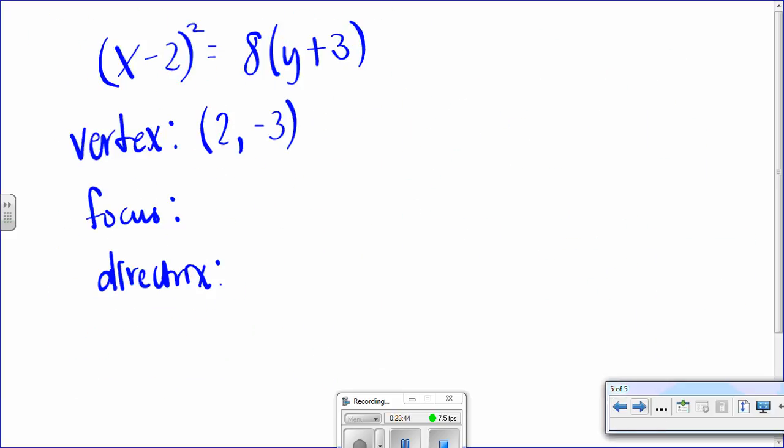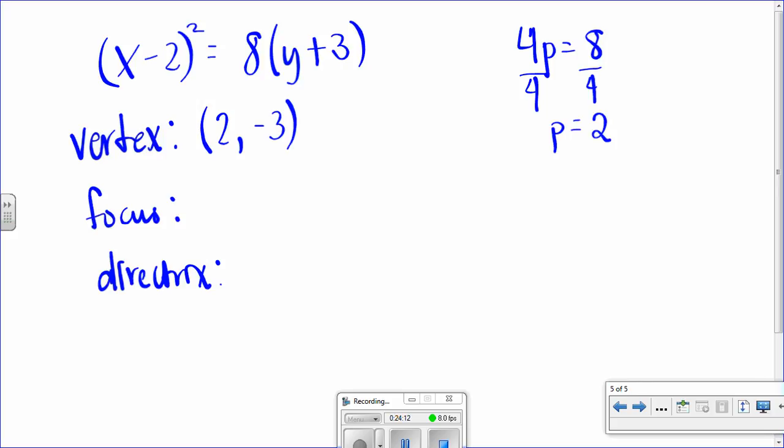Okay. I would like to find the focus and the directrix. First, I need to find out what P is. What number am I going to be looking at if I'm trying to figure out what P is? The 8. So 4 times P equals 8, so P has to equal 2.